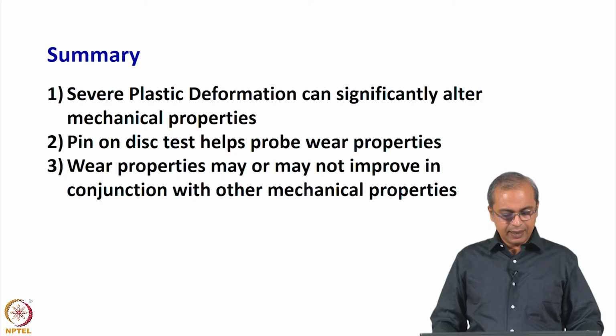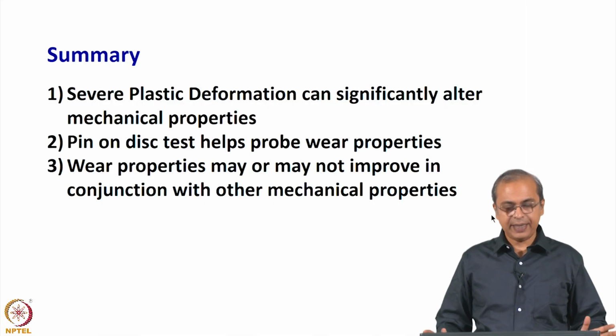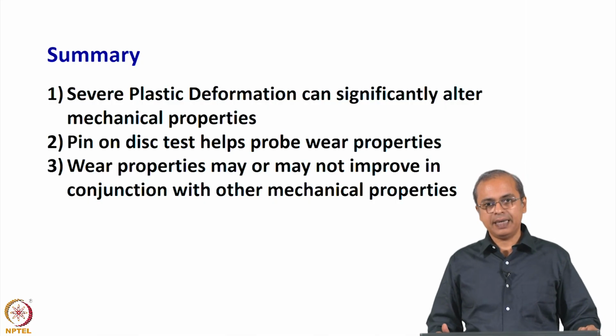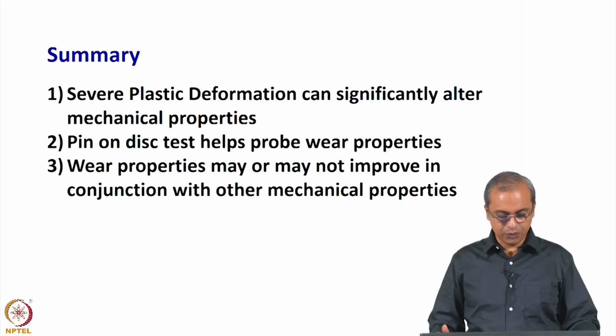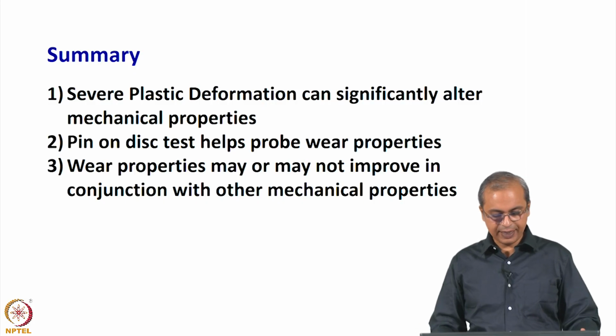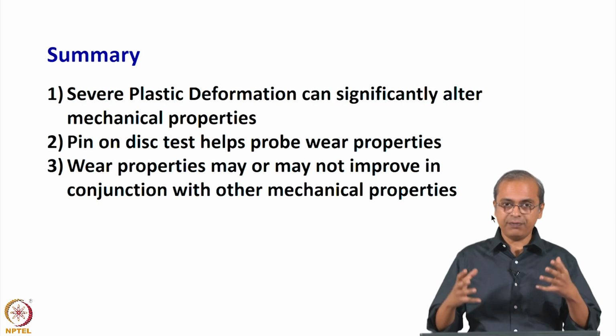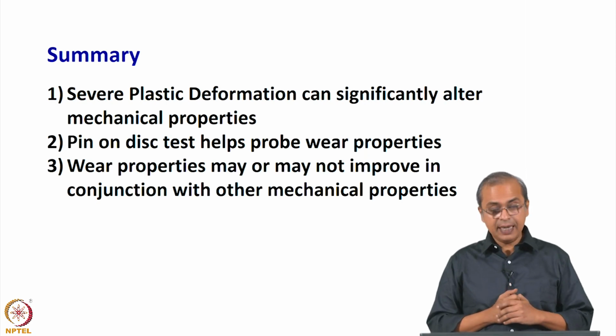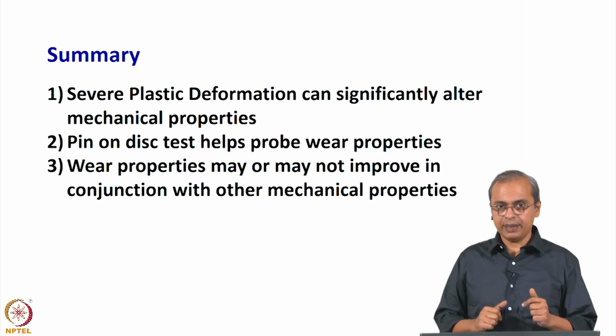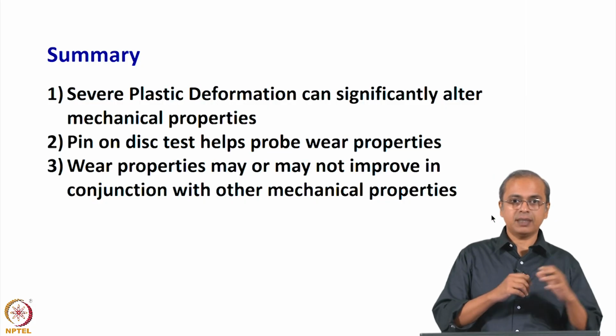In summary, we have seen what severe plastic deformation can do, and that it can significantly alter mechanical properties, and we saw that in the two different discussions that we had. The pin on disk test is a very useful test to gauge wear properties, and wear properties may or may not improve in conjunction with other mechanical properties.